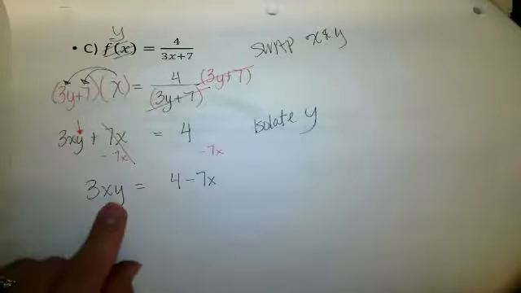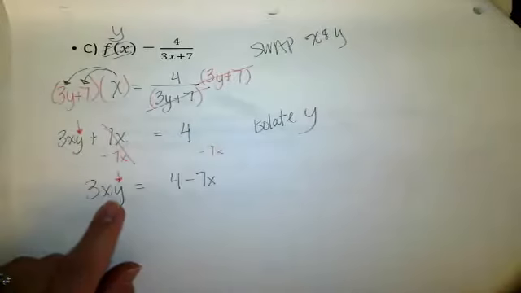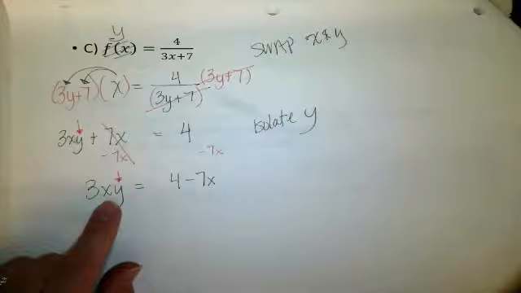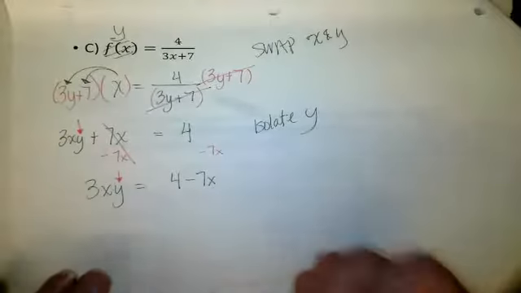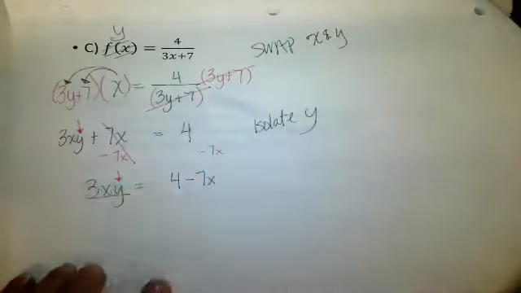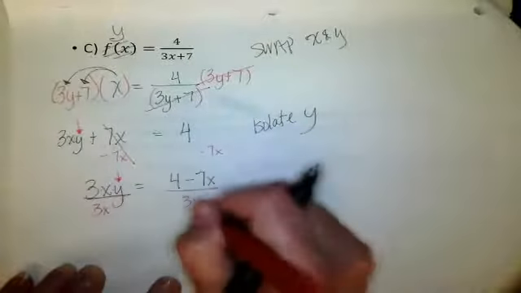Now again, we want the y. What do we need to get rid of? The x and the 3. So how do we get rid of those? They're all connected by multiplication. How do we break that? Divide it, yeah. So we can actually divide both sides. We want to get rid of them, so divide them away.